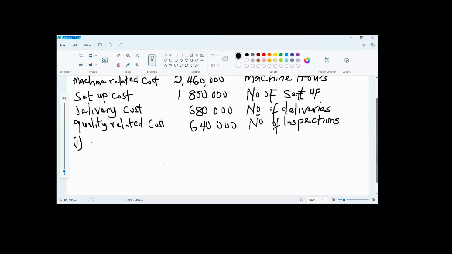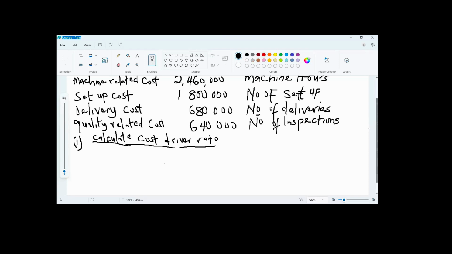When I want to calculate cost driver rates, my first activity is machine-related costs.